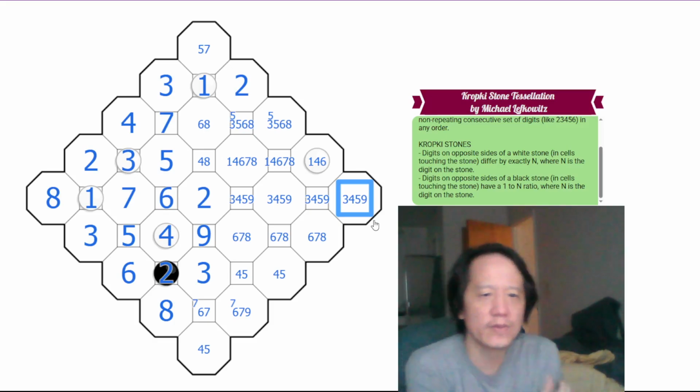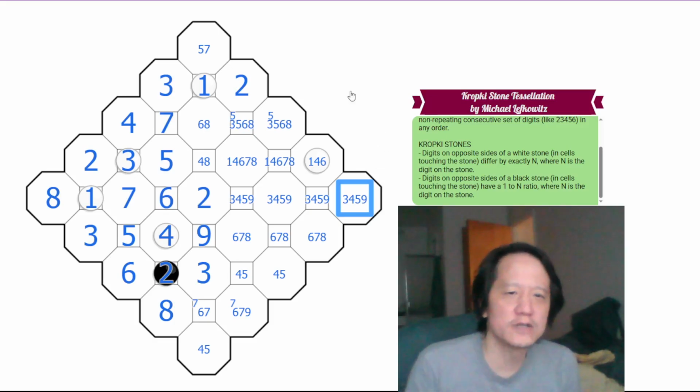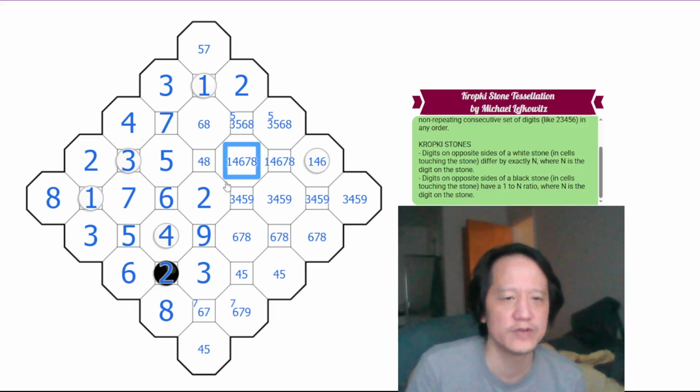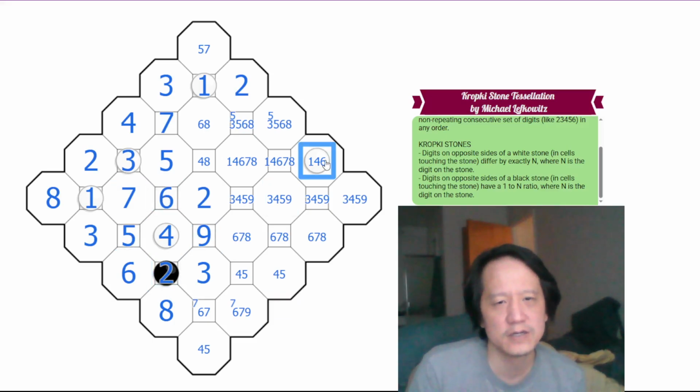Okay, let's look at these Kropki dots. 1 is the difference between 2 and 3. 1 is also the difference between 5 and 6 and 7 and 8. So that's satisfied there. 3 is the difference between 2 and 5 and the difference between 4 and 7. 1 is the difference between 2 and 3 and 8 and 7. 4 is the difference between 2, 6, 3, 7, 2, 6, and 5, 9.